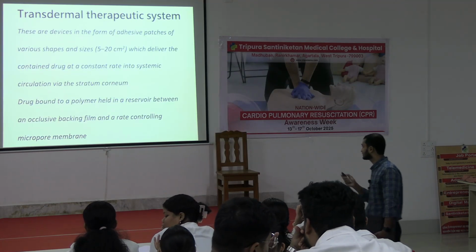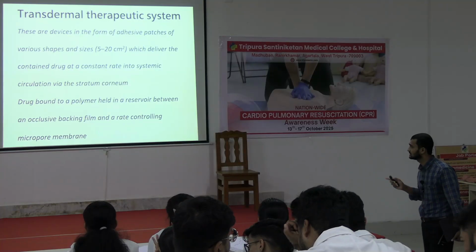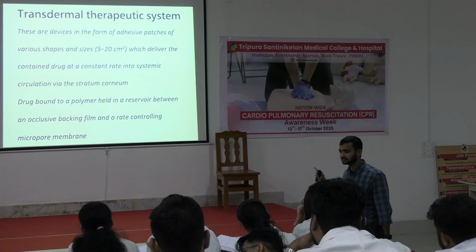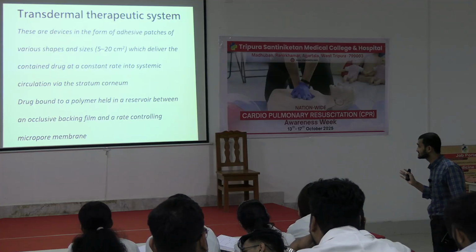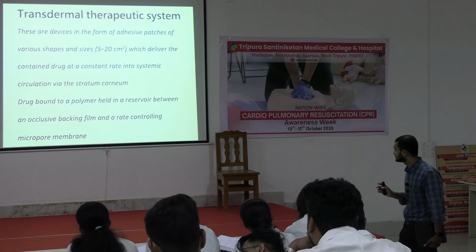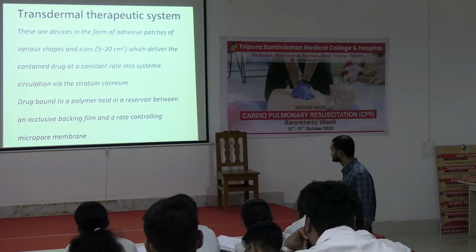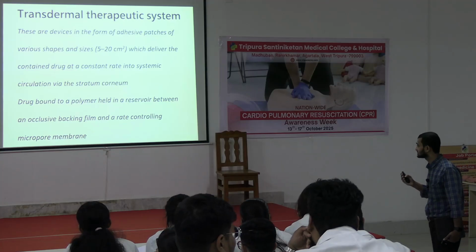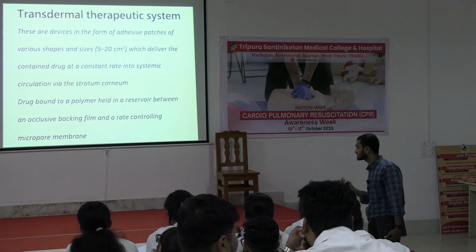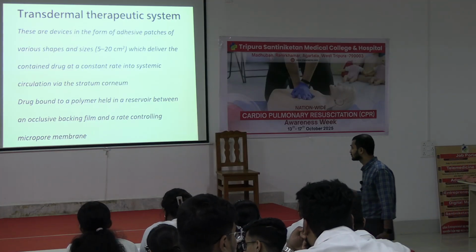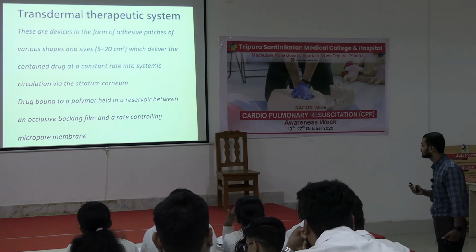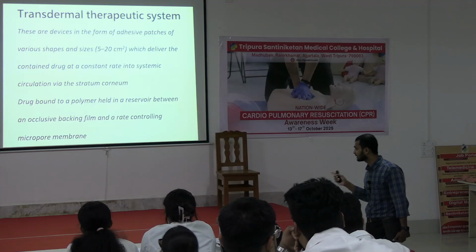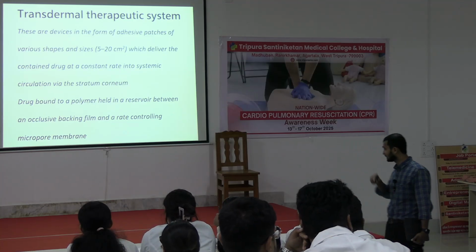So let us see about this therapeutic system. This can be asked in the exam, so understand this nicely. These are devices in the form of adhesive patches of various shapes and sizes, which deliver the contained drug at a constant rate into the systemic circulation through the stratum corneum. The drug is bound to a polymer held in a reservoir between an occlusive backing film and a rate controlling micropore membrane.